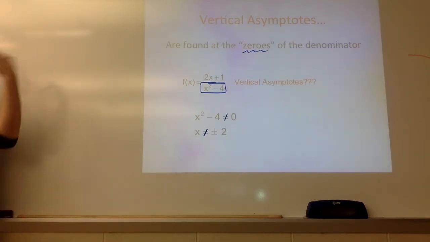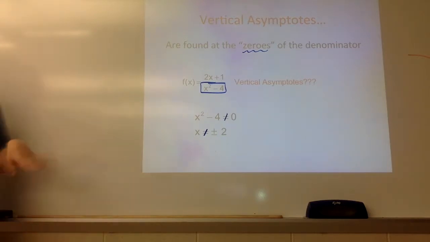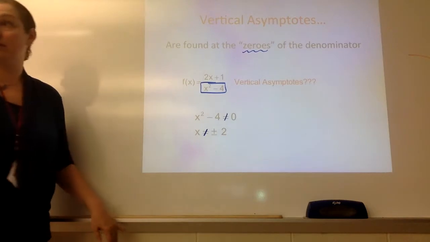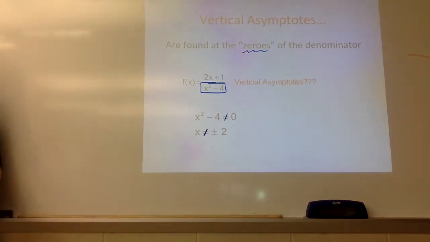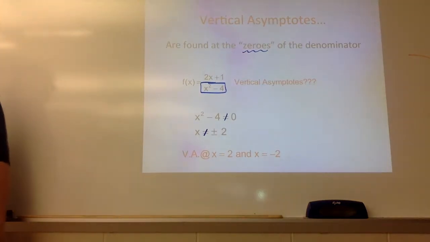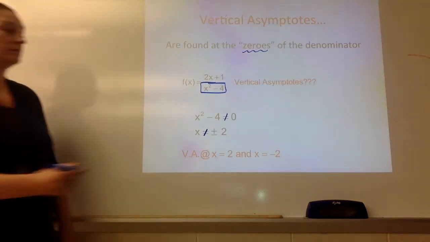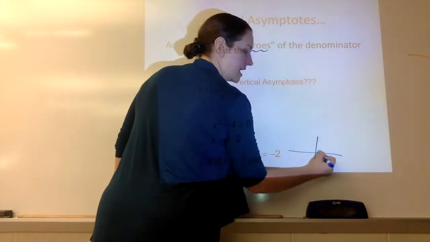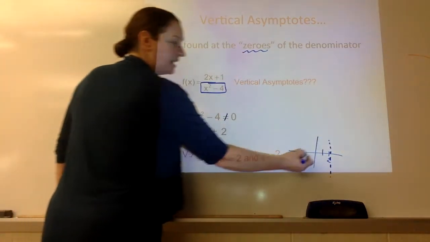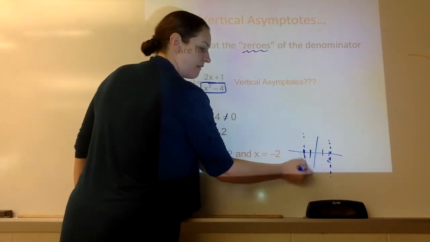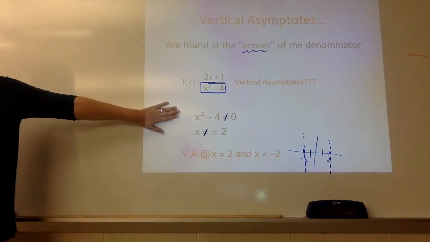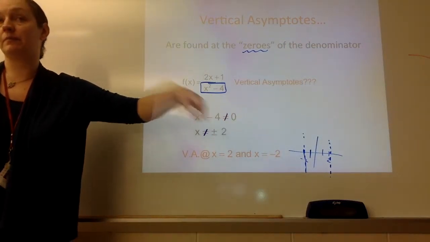So if we determine what gives us the zeros, that tells us what we can never ever use. So x can never ever be plus or minus 2, which means we have a vertical asymptote at positive 2. So the translation of this is that at positive 2, I have a vertical asymptote, and at negative 2, I have a vertical asymptote. Algebraic calculation, translation to the graph.